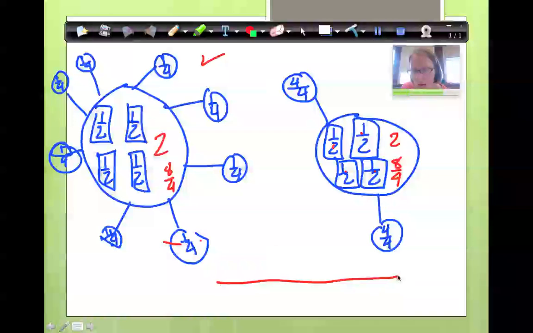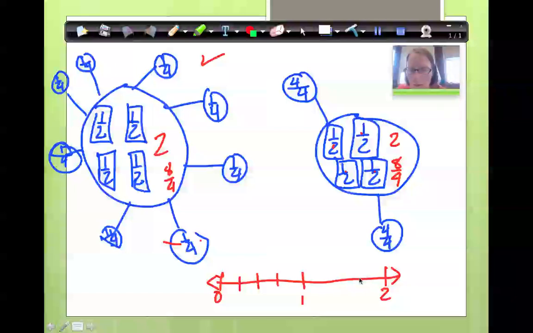Here's my number line. This would be 0. I know I've got 2, so I'm going to start over here, put 1 in the middle. Okay, now let's label this one right here. So we have to cut this into fourths.